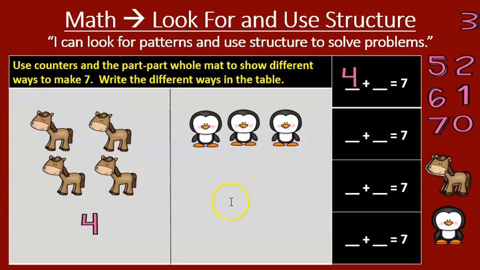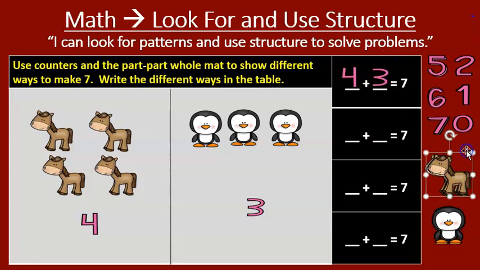So we're done now. How many penguins are there? Let's count. 1, 2, 3. So I'm going to get 3. I'm going to put 3 here because I know there are 3 penguins there. So since 3 is here, what number goes here? 3.